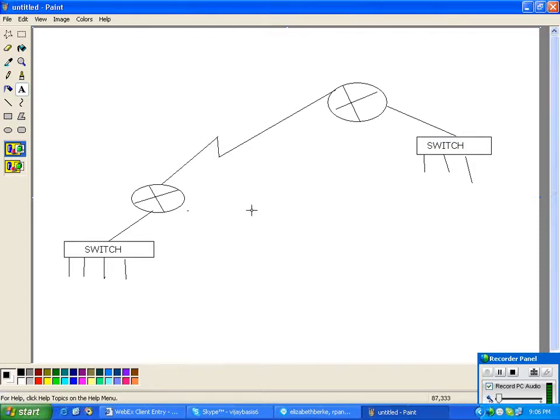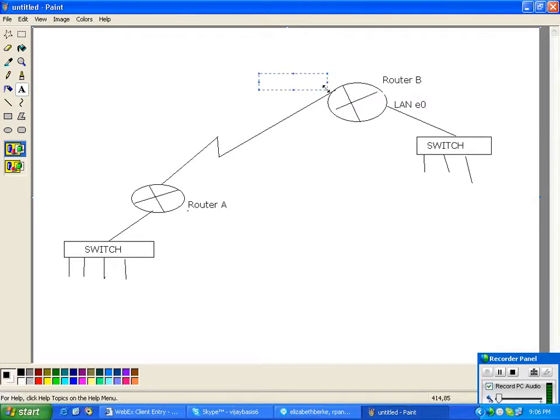Let me write some terminology here. Here is router A, router B. The LAN interface, we call it E0, LAN interface.